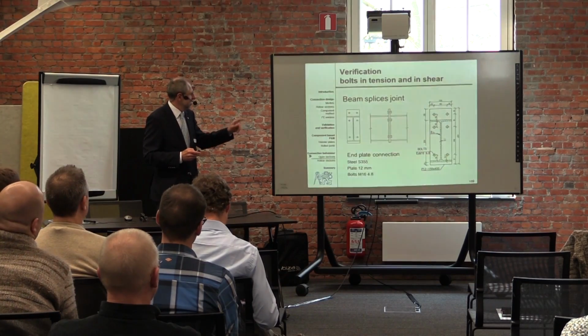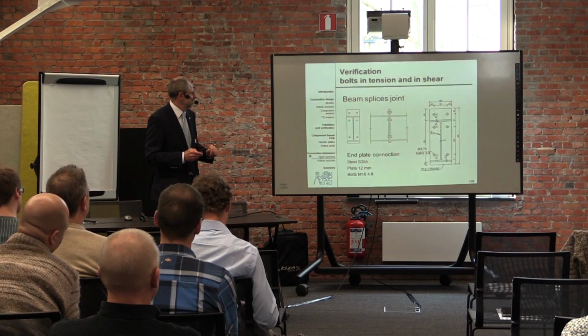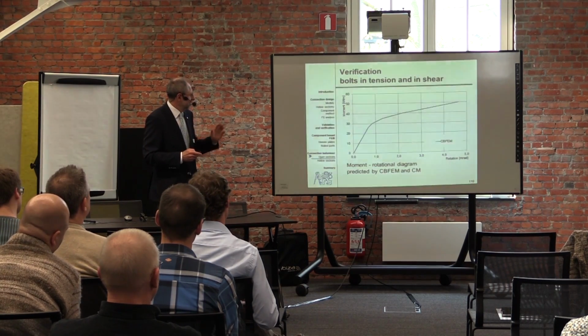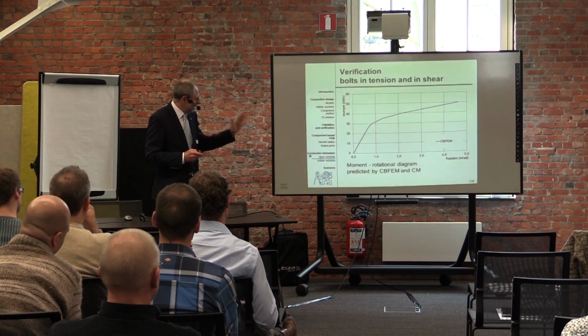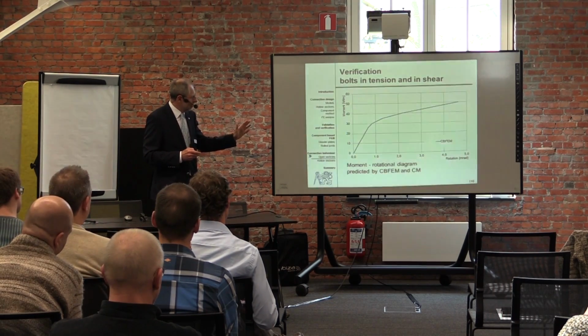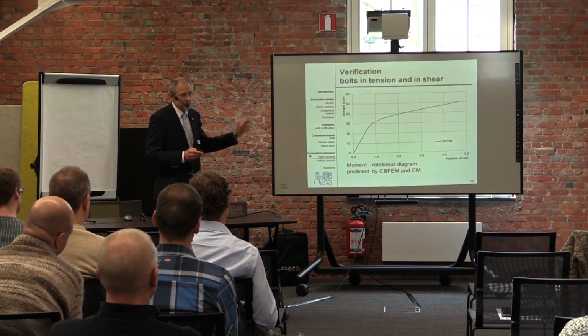And now I would like to show you 3 examples of connections. I've selected beam splices here, a beam splice joint, and here we have our calculation based on our model. And then here I am trying to show the behavior.